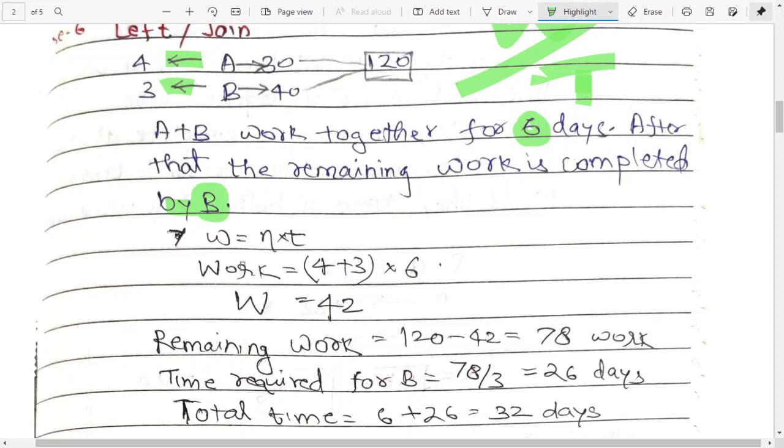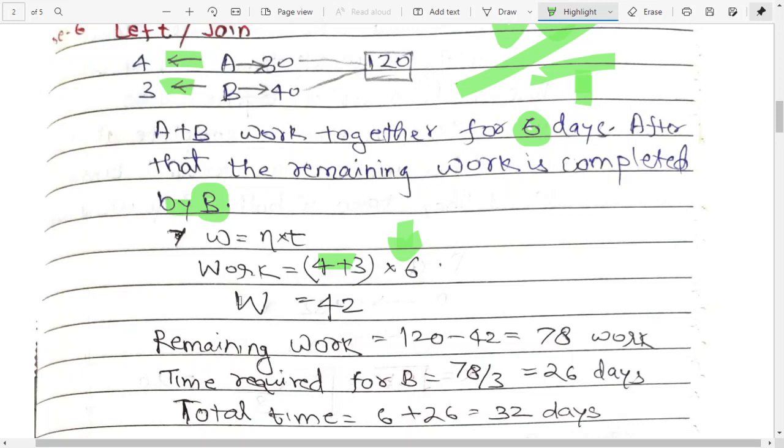and after that you need to get the total work which they have done. To calculate the total work, the efficiency of A and B was 4 and 3, so you need to mention the efficiency, that is 4 and 3. After that you need to take care of the time they worked, that is 6 days. So efficiency into time: 4 plus 3, that is 7, 7 into 6, 42.